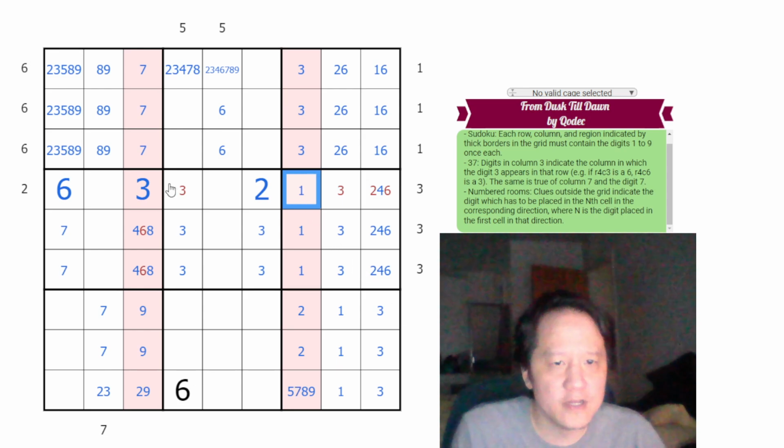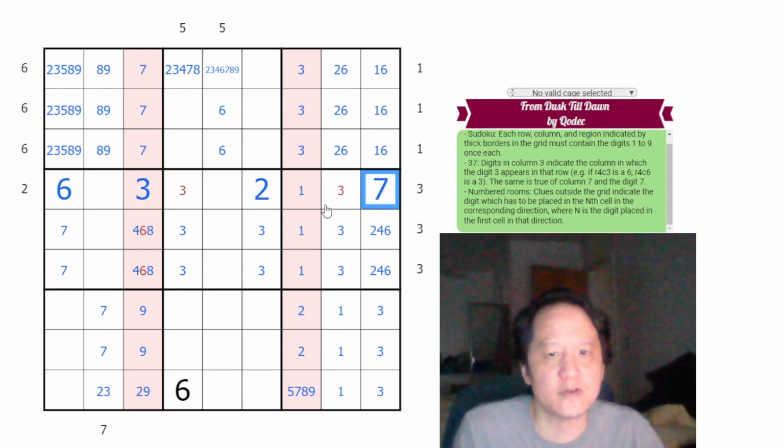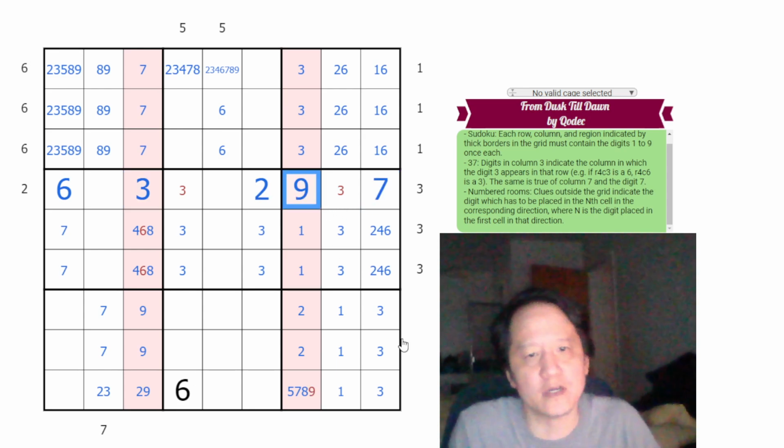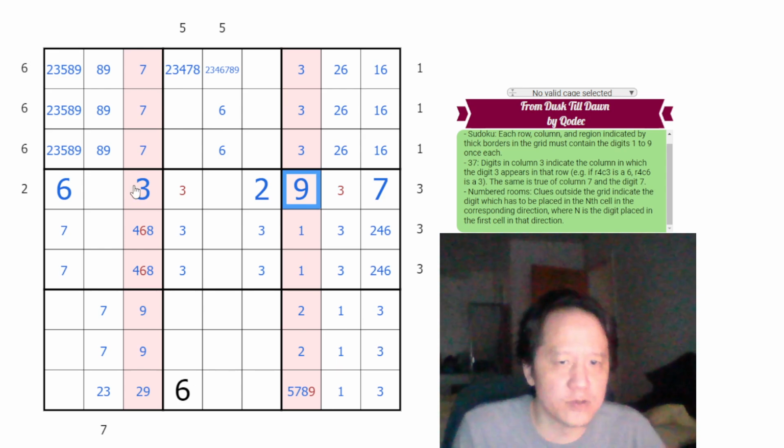No, sorry. If this is 3, this would be 7, which would force this to be 9. Okay, so then this works again. Then we have 3 and 9 and 7 in those situations.